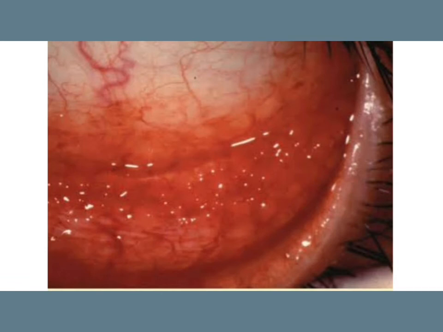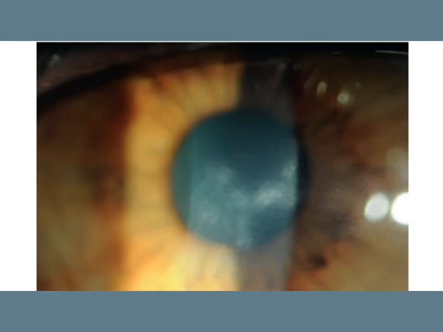This is the geographical keratitis that I was telling you about, due to the collision of several dendritic structures together. This is the follicular conjunctivitis, and here you can see a granular structure-like formation in the conjunctival sac, and this is the epithelial haziness.